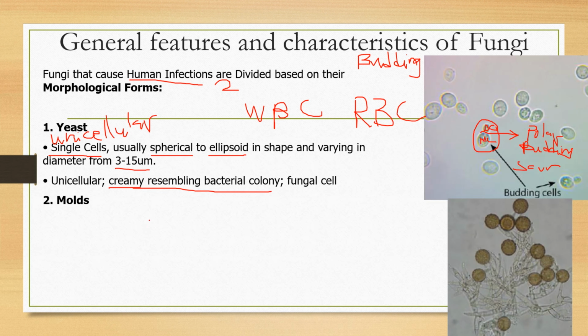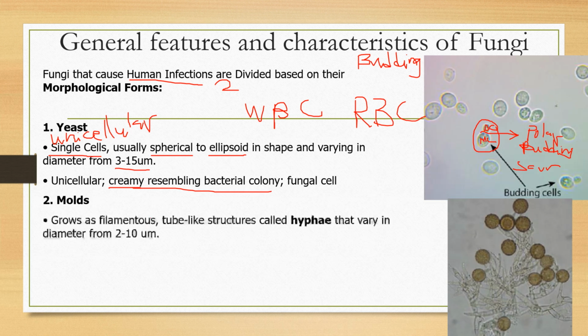Now, the second morphological form are the molds. Molds would grow as filamentous. When you say filamentous, if you try to put this in another synonym, they are branching. So if you take a look at the picture on the lower right, these are examples of your molds.